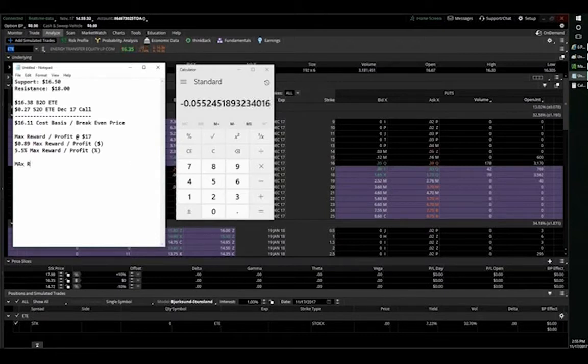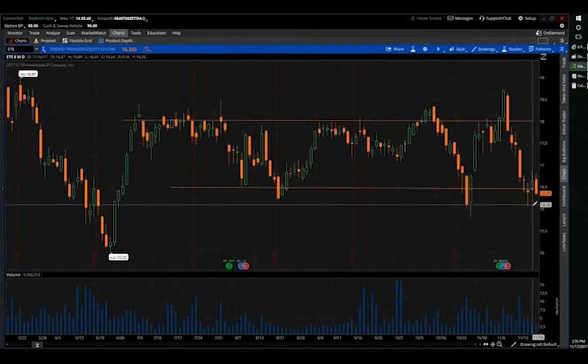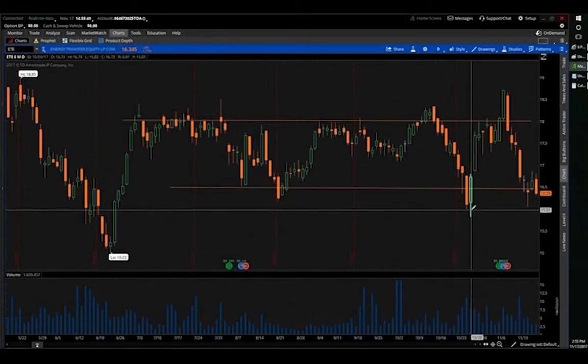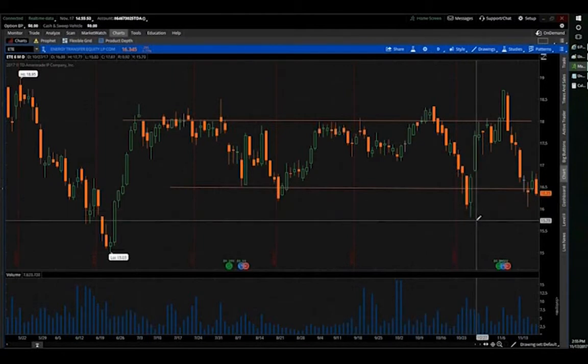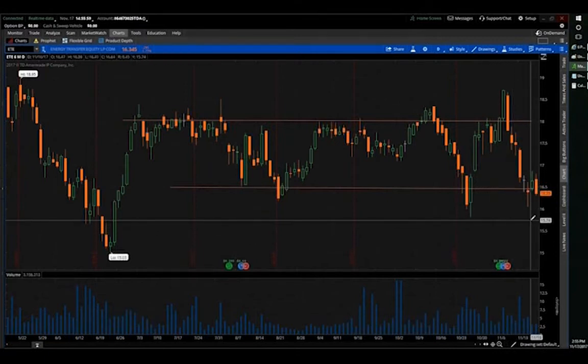The more important piece is, what is our max risk? Now this would be to the bottom side. Where would it be? Well, it would be where we get bailed out. Where are we going to set our bailout price? Well, over here, we had a low of $15.82. Bailout price is where I'm ready to just toss the towel in.